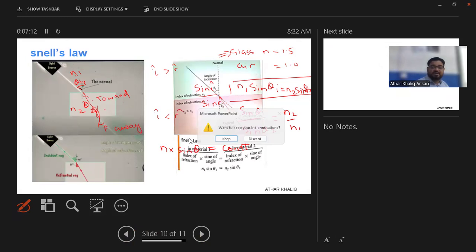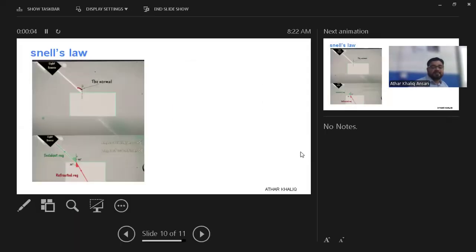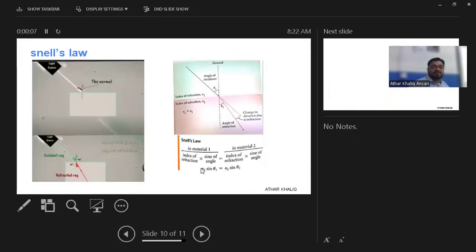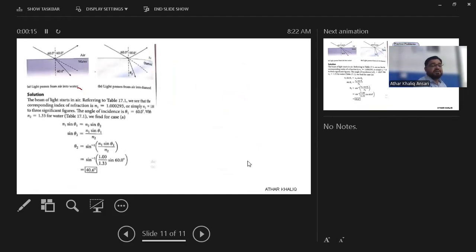In this example, this is the law that I wrote: index of refraction n1 times sine of the angle is equal to index of refraction in the other medium times the sine. Now look at this diagram and the problem: there is a ray of light entering from air to the glass. So the angle of incidence is 60 degrees, the angle of refraction is 40.6 degrees.